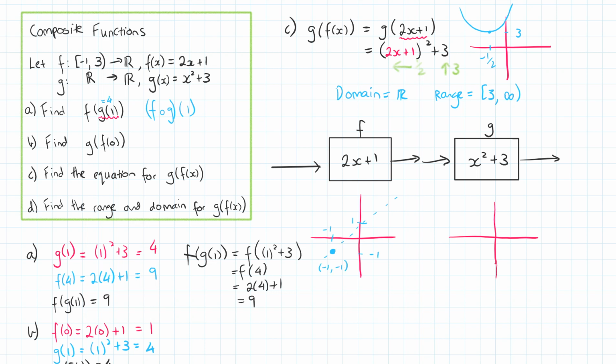And 3 is our other limit, x equals 3. We have an open circle because we have a round bracket. Corresponding y value, we'll sub 3 in. 2 times 3 is 6 plus 1 is 7. And the line segment that we want is this part here. So the domain of this graph is -1 to 3, and the range is -1 to 7.